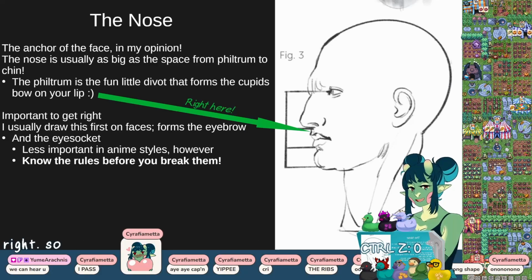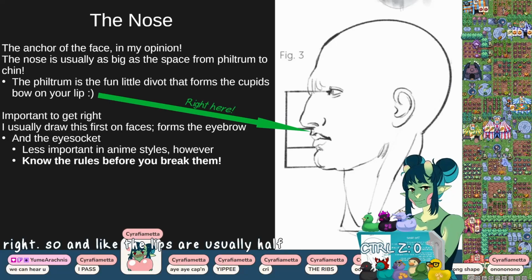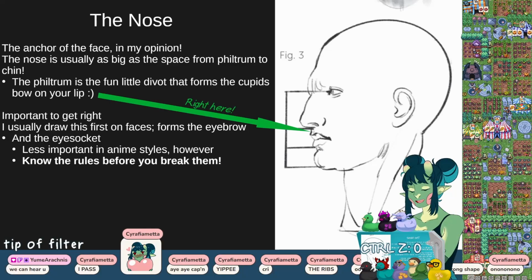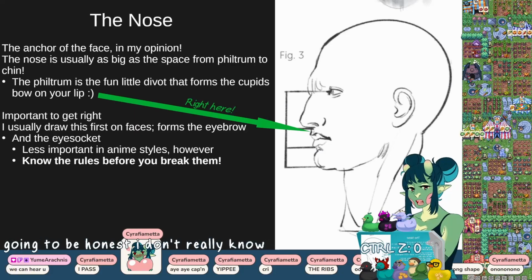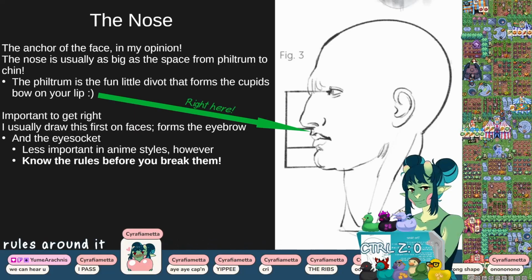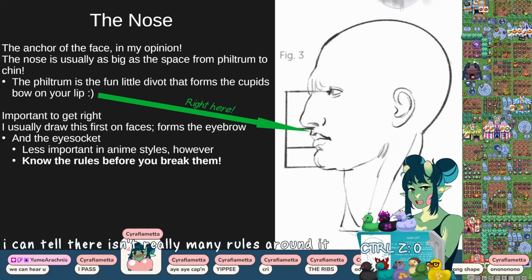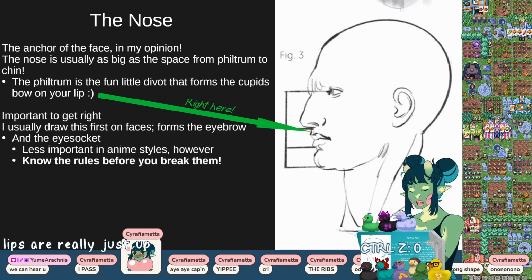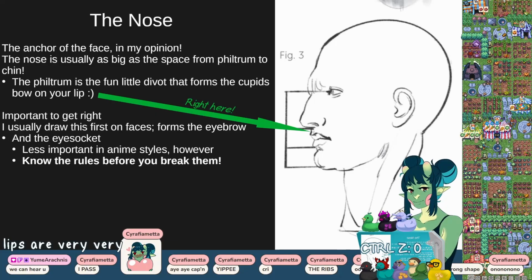And the lips are usually half of that. I kind of just flub the lips. I'm gonna be honest, I don't really know the real rules around it, and as far as I can tell, there aren't many. Lips are really just up to what feels right per face, because everybody's lips are very, very different.